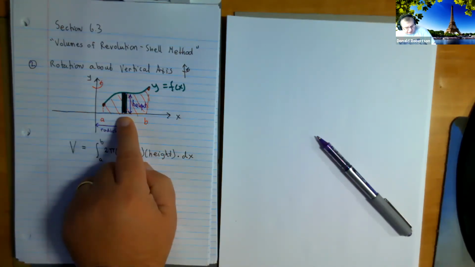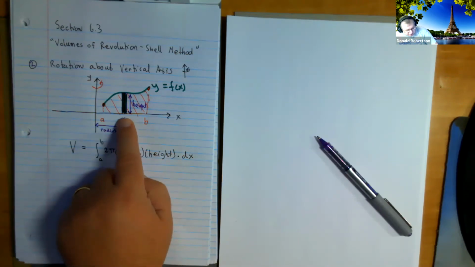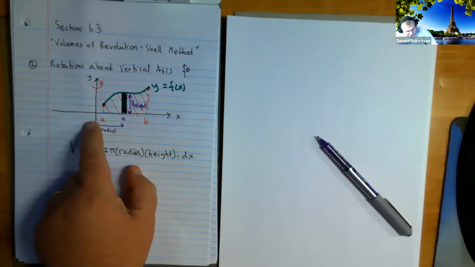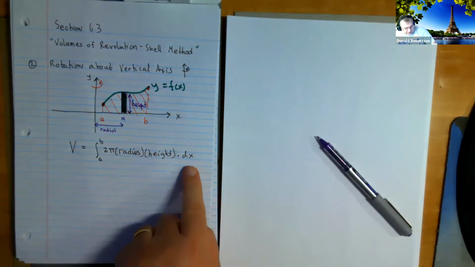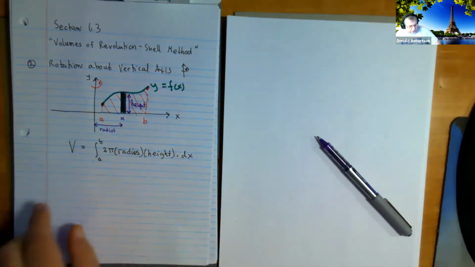So it's at x. The radius is the distance from the rectangle to the axis of rotation, and the height is how long the rectangle is. So a lot of the stuff that we've been doing is pretty much the same when you rotate it the other way. So if you rotate now about the y-axis or anything parallel to the y-axis, this is going to be our go-to formula.